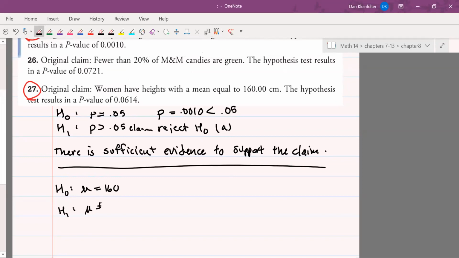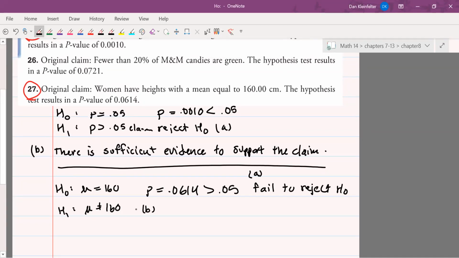So we'll go with not equal to. Then the p-value we ended up getting is 0.0614, which is bigger than 0.05. So we will fail to reject our H0. That would be the answer to part A.